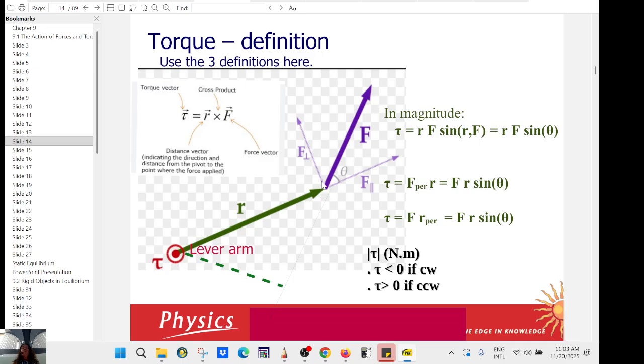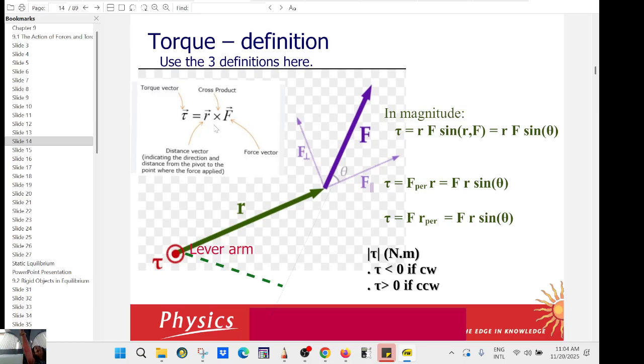So it will be F sine theta times R. Or you can use the lever arm. In that case, you extend this. This is called the line of action. And you will find the perpendicular distance. So you will say F times the perpendicular distance. Or you can use the cross product.